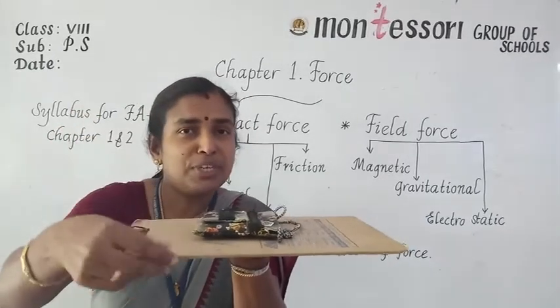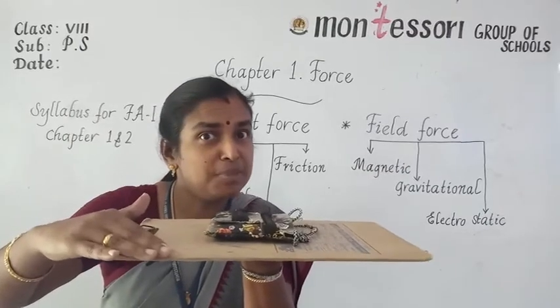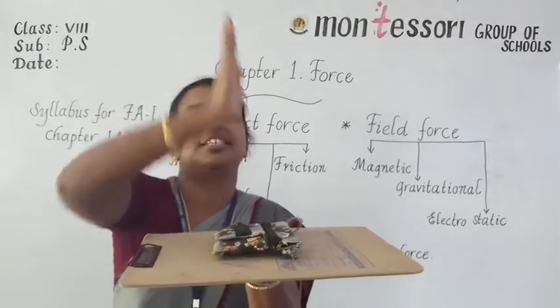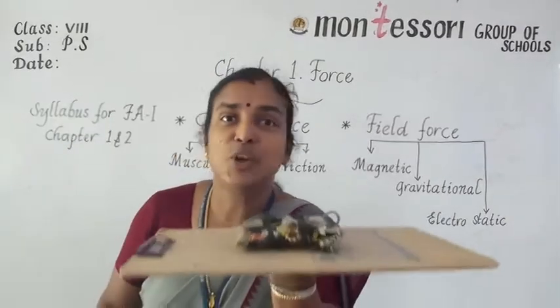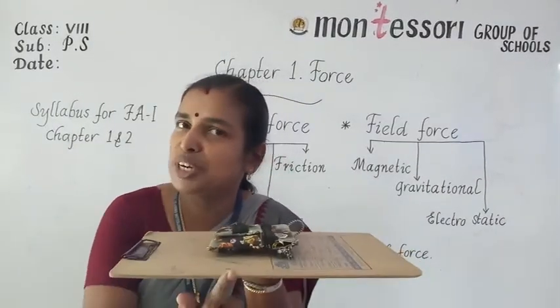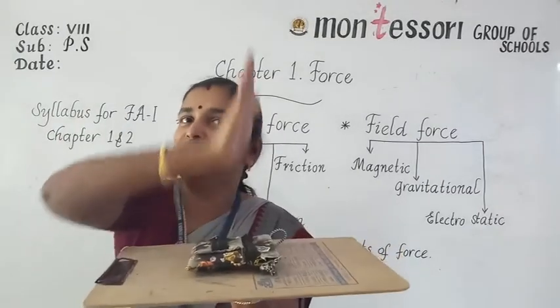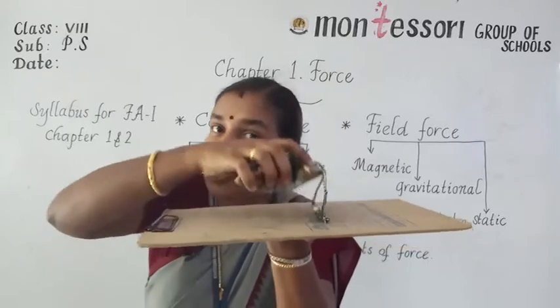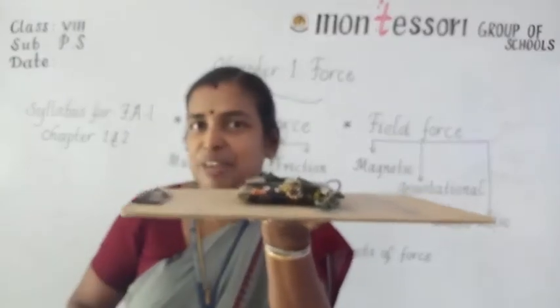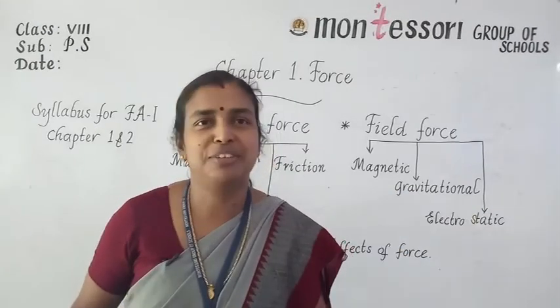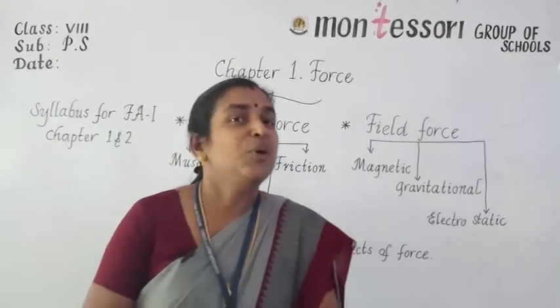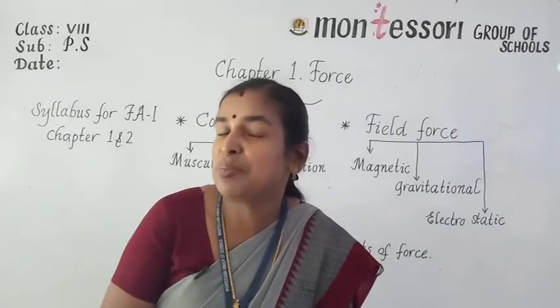So the force applied by a solid object on another object in the normal direction is known as normal force. Here also contact is available, so this is also a contact force.